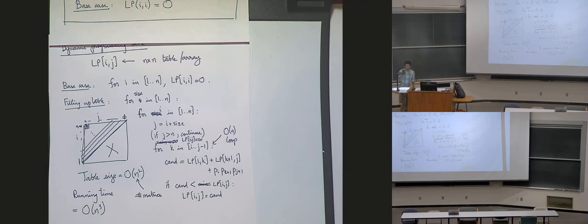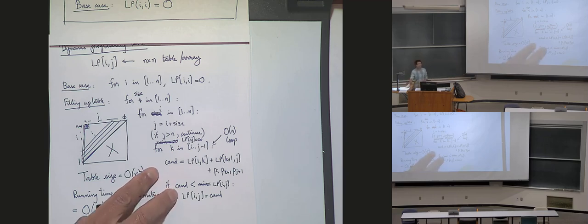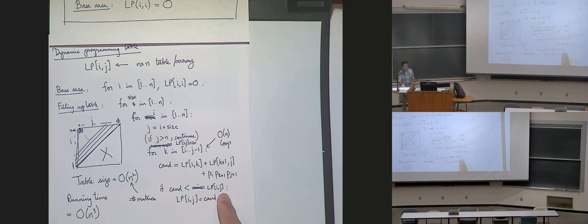So what I am not telling you is how you actually get the optimal parenthesization. But it's the same logic, just extra 2 lines of code that you need to put here. When you're updating the min, you also say, this means that I should split at k. Does that make sense?